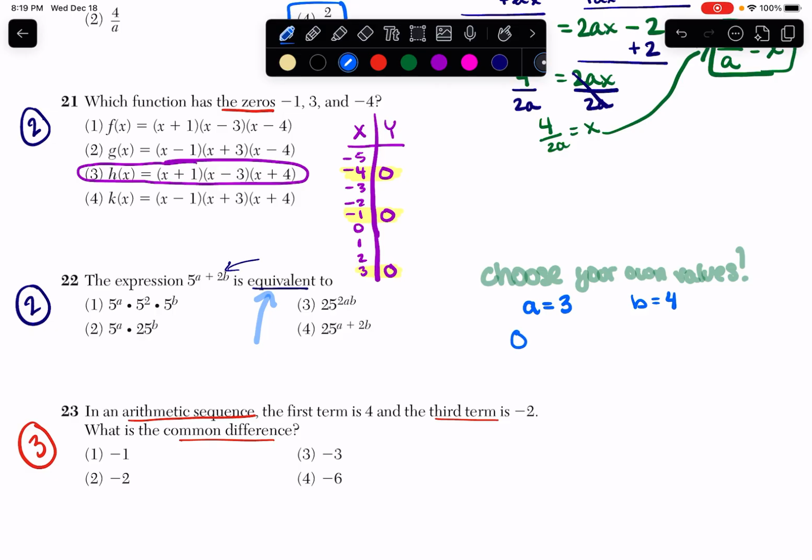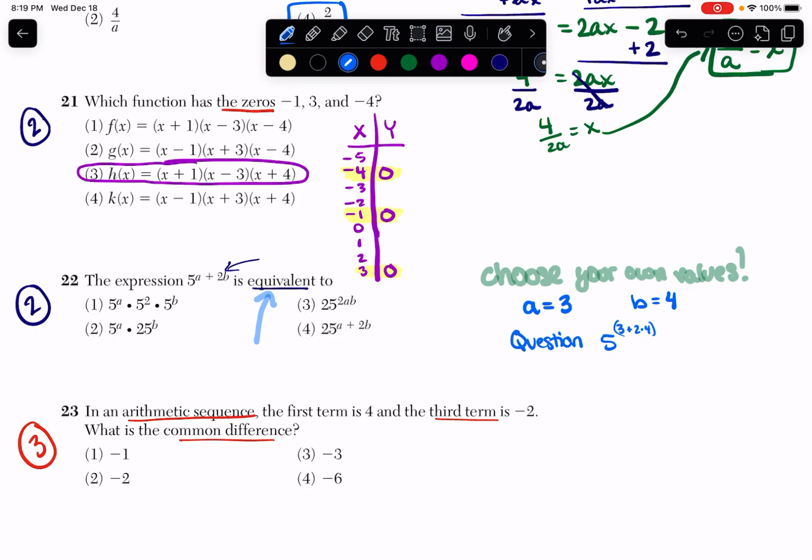If I do that, my question becomes 5 raised to the power of 3 plus 2 times 4, right? So I'm just going to type that entire thing into my calculator. 5 raised to the power of 3 plus 2 times 4. All I did was substitute 3 and 4 in.